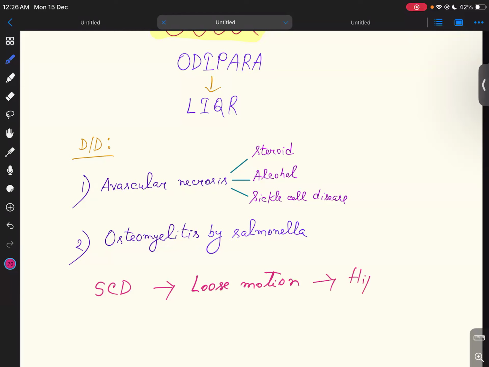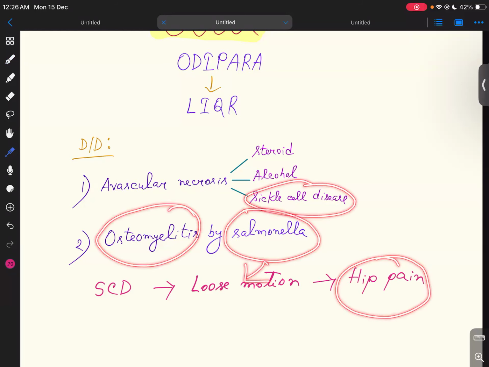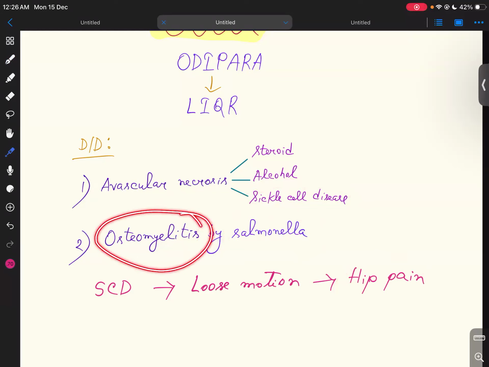So in the differential diagnosis, automatically sickle cell crisis will come. Apart from sickle cell crisis, another differential diagnosis will be osteomyelitis due to salmonella, because salmonella can cause loose motion, and this salmonella can cause osteomyelitis. That is why salmonella is kept as the differential diagnosis.